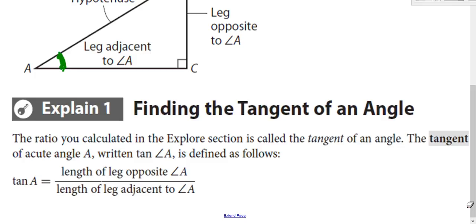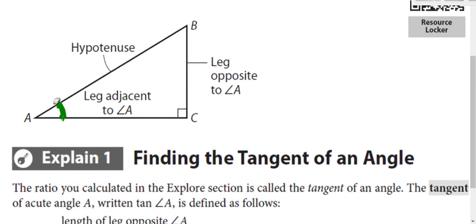Way back, I think it was in ancient Greece, they were studying right triangles, trying to figure out all their properties, and they found that no matter how large the triangle was, if this angle was a certain degree, like 30 degrees, when they looked at the ratio of the opposite side over the adjacent side, you always got the same number.